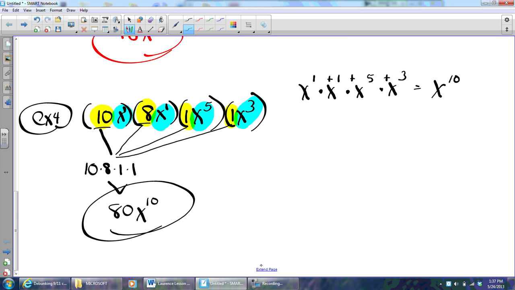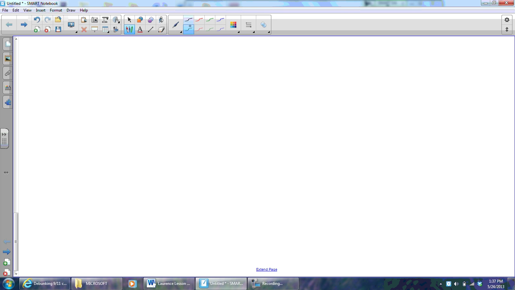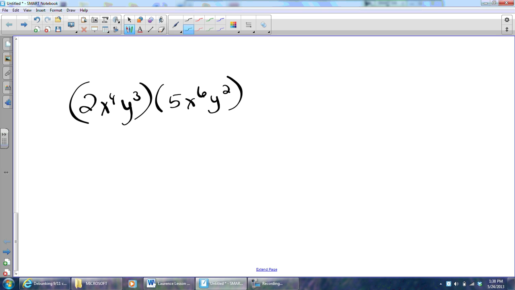All right, now, if we had a more unusual one like this, where you have maybe 2x to the 4th y cubed, and we were going to multiply it by 5x to the 6th y to the 2nd, it's the same problem. It's just a step longer. There's nothing hard here. Look, my coefficients are 2 and 5. I'll multiply those.